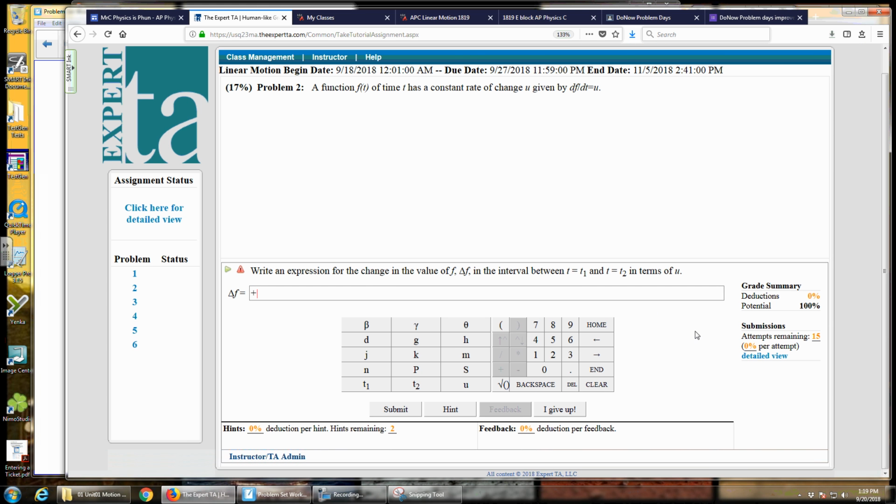Okay. So we know that delta is always final minus initial, right? So we want f of t2 minus f of t1 in terms of u.